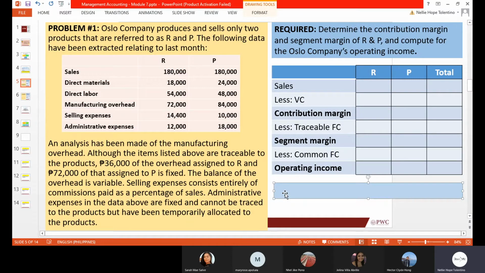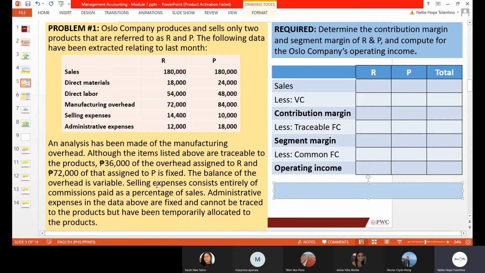Kasi baka magamit natin sa ibang problems. Sige ha.